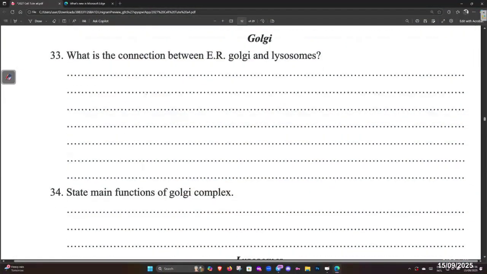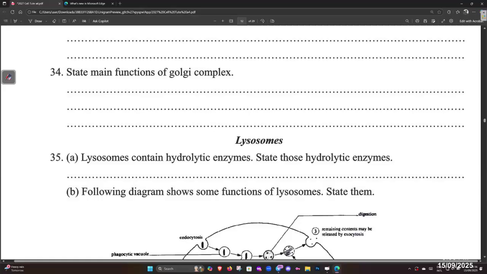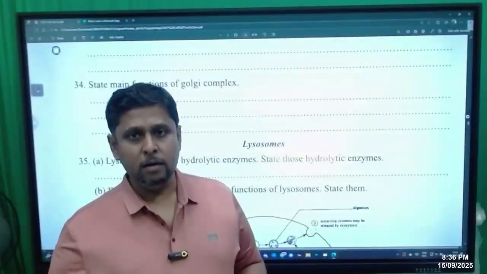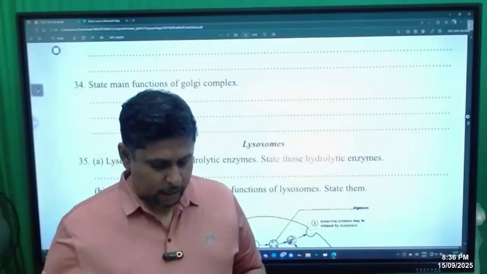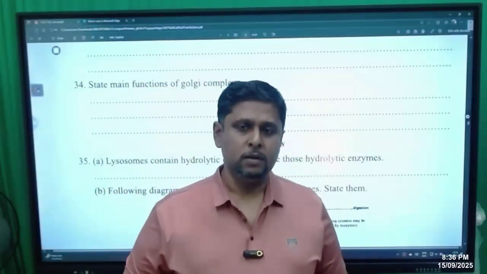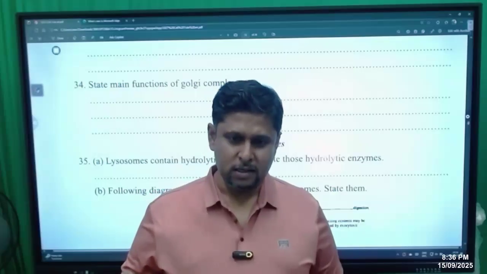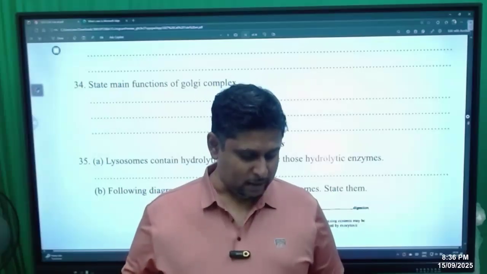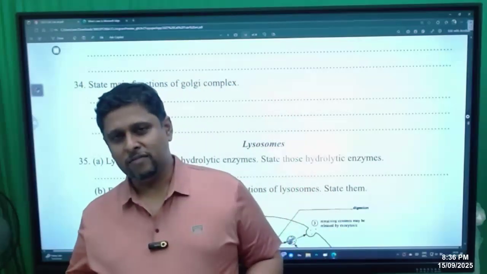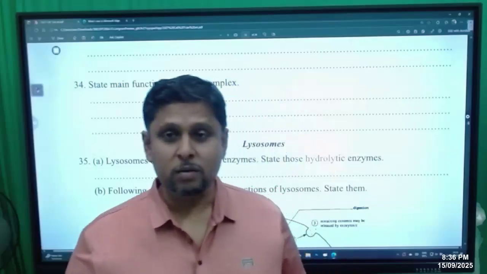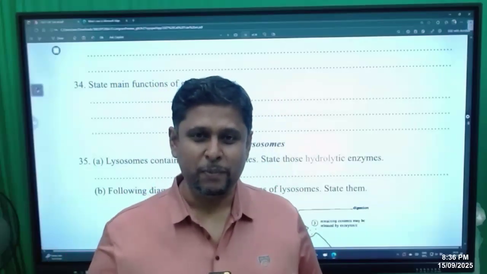We can say collecting, modifying, packaging, and distribution of materials. Second one, manufacturing cellulose and non-cellulose components of cell walls such as pectin.